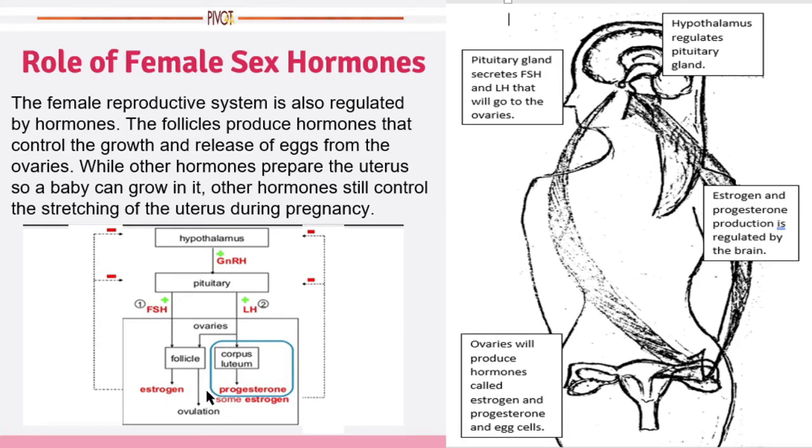Same with progesterone. The level of progesterone will send a negative feedback to the hypothalamus and pituitary gland to slow down the production of LH, or luteinizing hormone. The presence of progesterone also inhibits or prevents the production of FSH.